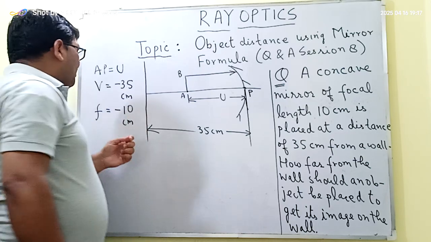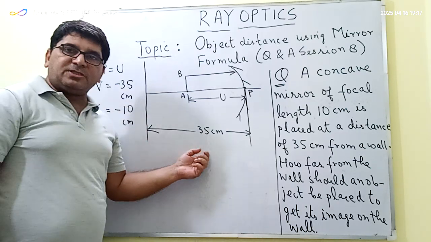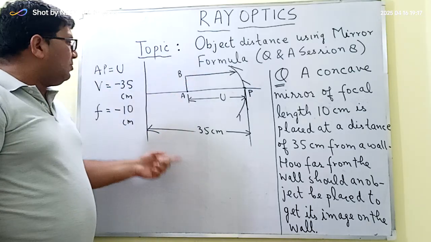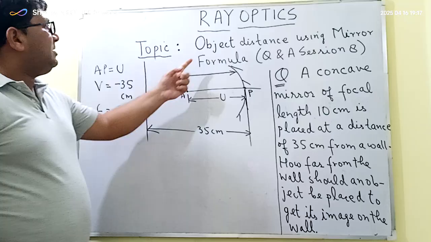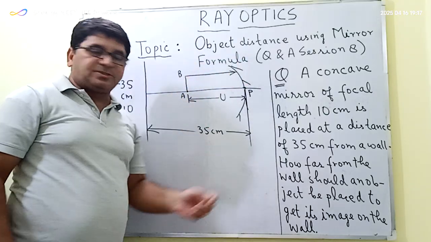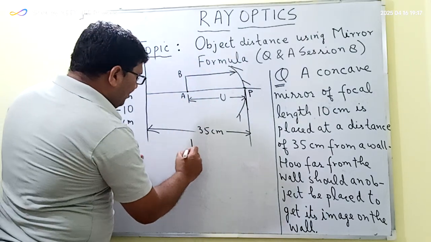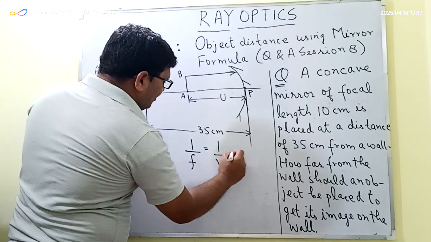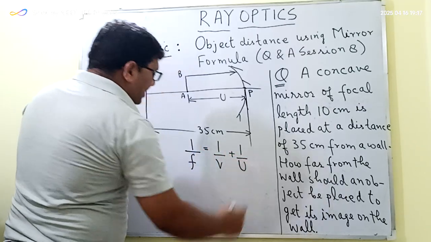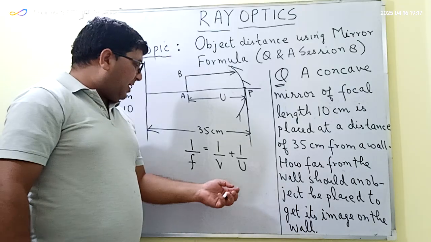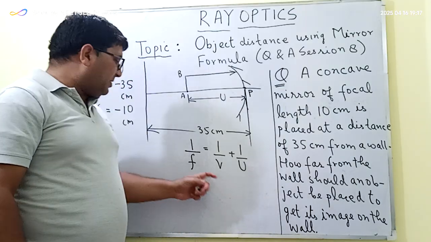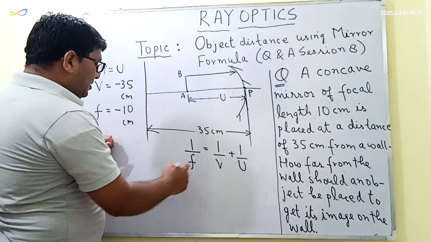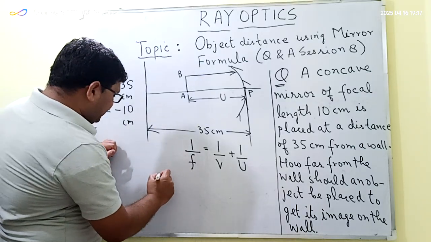So we are right now using the sign conventions which are used in order to calculate the object distance or the image distance by the mirror formula, which is given by the equation 1 upon f is equal to 1 upon v plus 1 upon u. So these sign conventions are very important and have to be used correctly, otherwise our answers will not be correct. So here the value of f is equal to minus 10 cm.